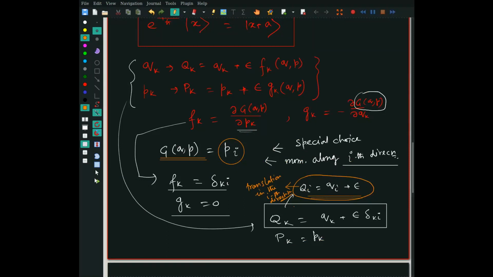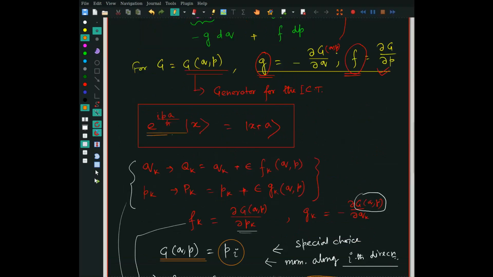The quantum mechanical version of this is e to the power i p a over ħ. If you use ħ equals 1, then the infinitesimal version is e to the power i p epsilon over ħ. If epsilon tends to 0, then this is basically 1 plus i p epsilon over ħ operating on x.